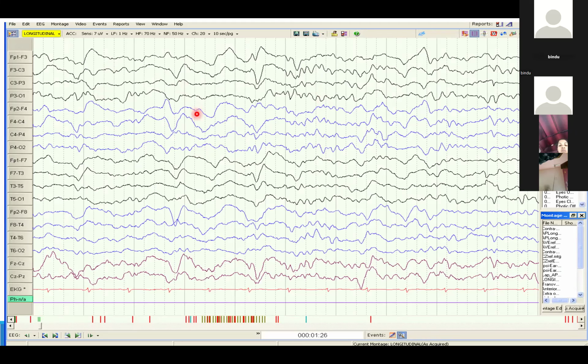Bilateral sharp transients, the typical triphasics. This triphasic morphology kind of sharp transients coming occasionally in the frontal regions, with the patient probably in sleep.